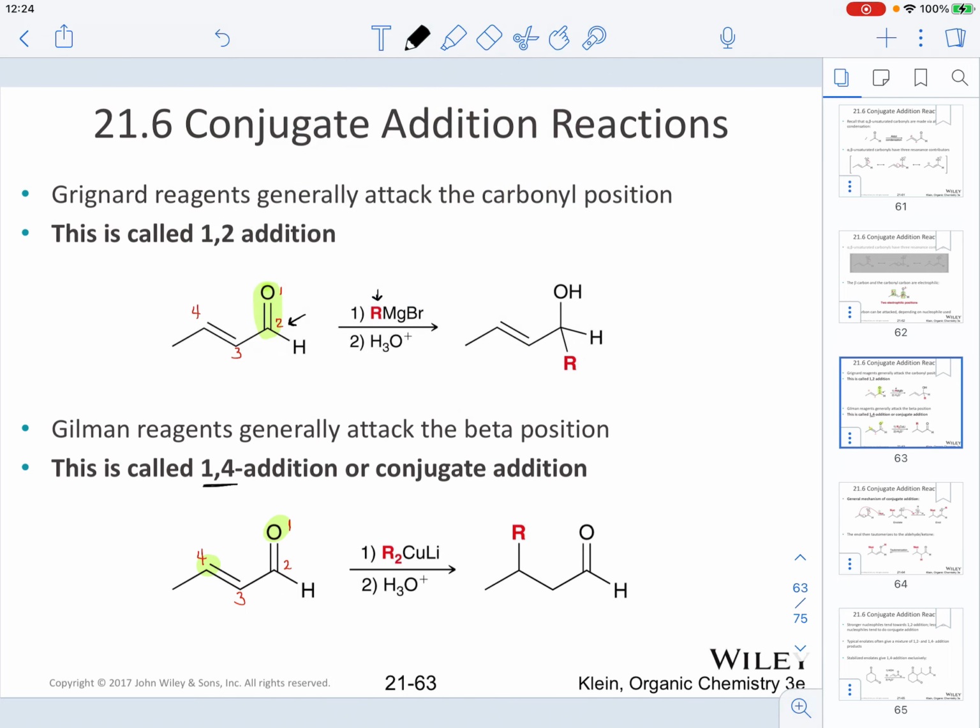This shows that we are adding at the beta carbon from the carbonyl.